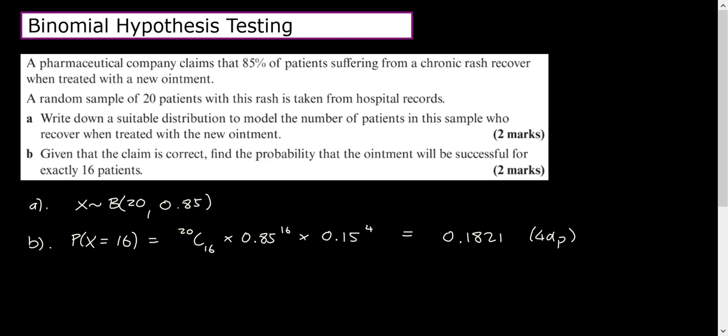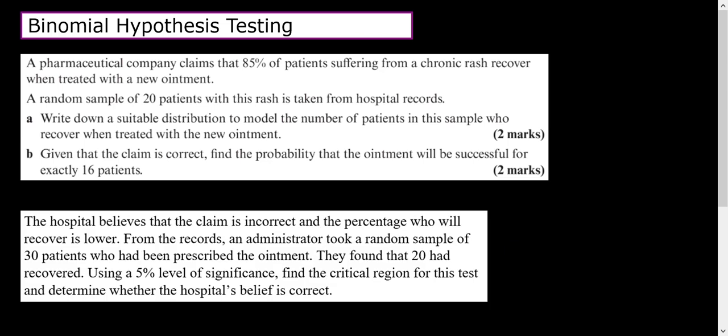So all of that is stuff that we know how to do. Okay? There's nothing new there whatsoever. However, have a look at the second part of this question. The hospital believes that the claim is incorrect and that the percentage who will recover is lower. From the records, an administrator took a random sample of 30 patients who had been prescribed the ointment.